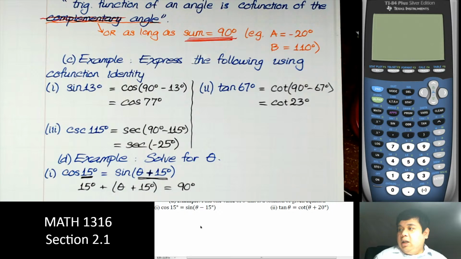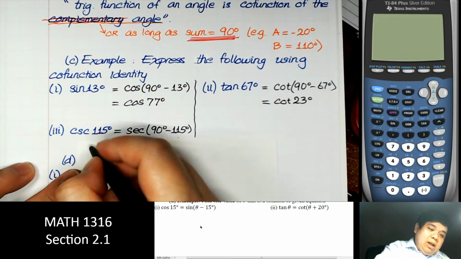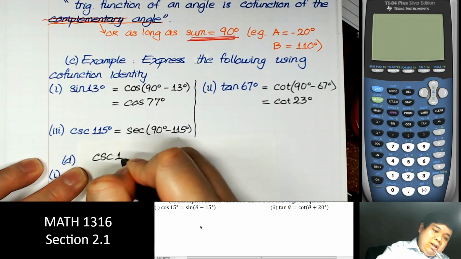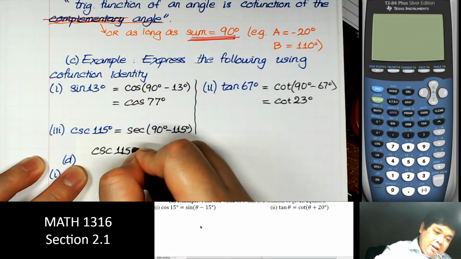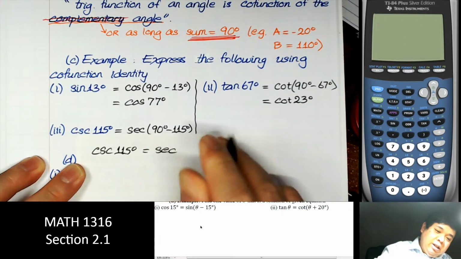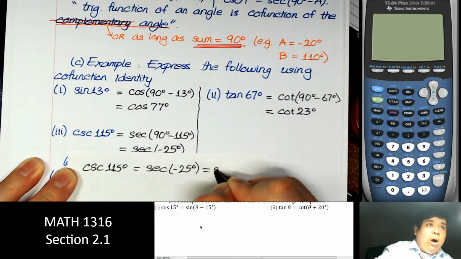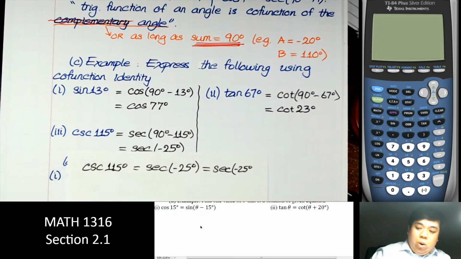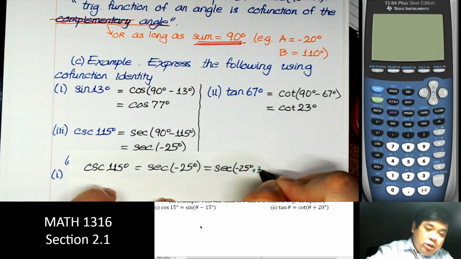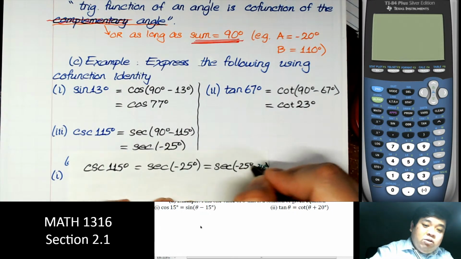Coterminal angles, yes. If you have coterminal angles, that's still fine because coterminal does not change anything. For example, we can go from cosecant of 115 degrees to secant of negative 25 degrees, and then we can also add 360 to it, and the values of the trig function will not change.